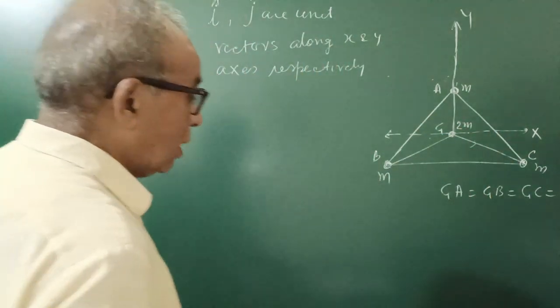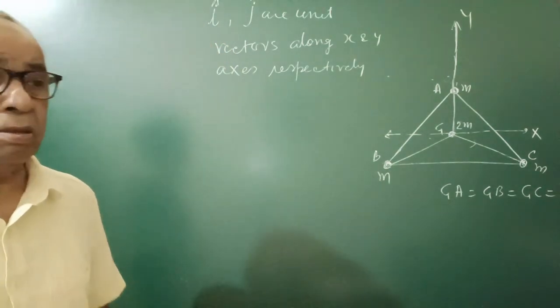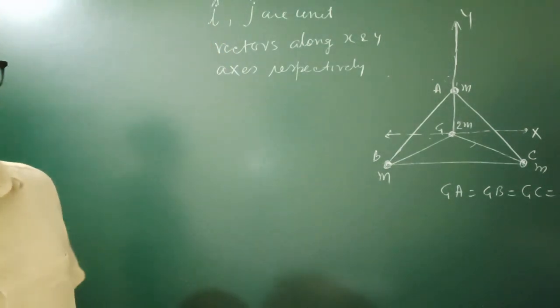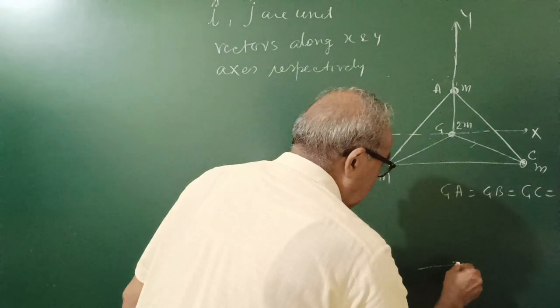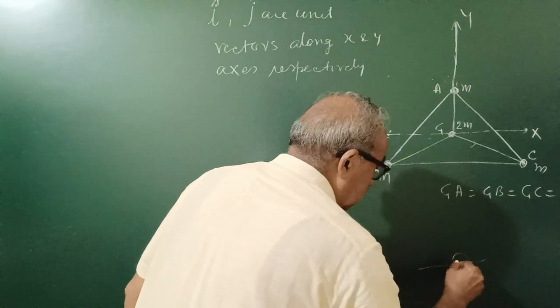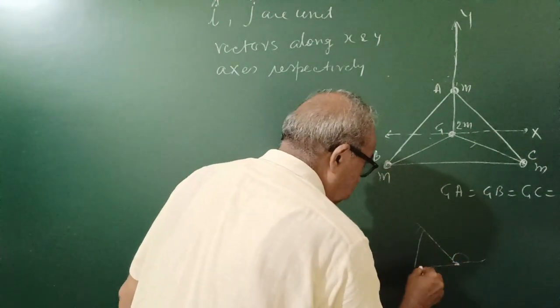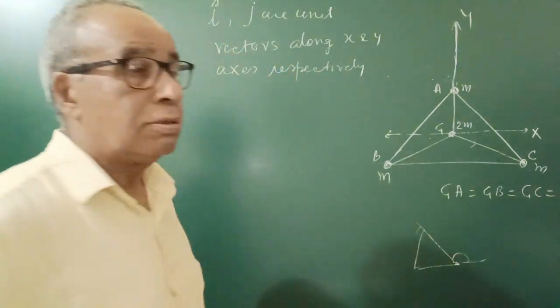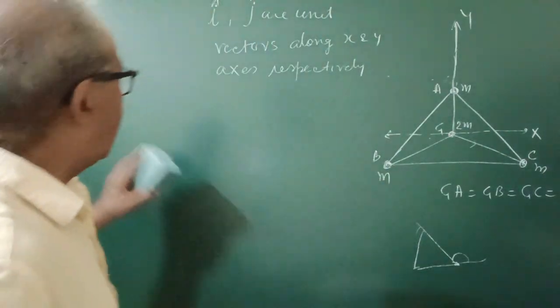If 3 vectors are at 120 degrees from each other, then we can add them head to tail, and the resultant becomes 0 by symmetry. But mathematically how to prove it, that is also simple.